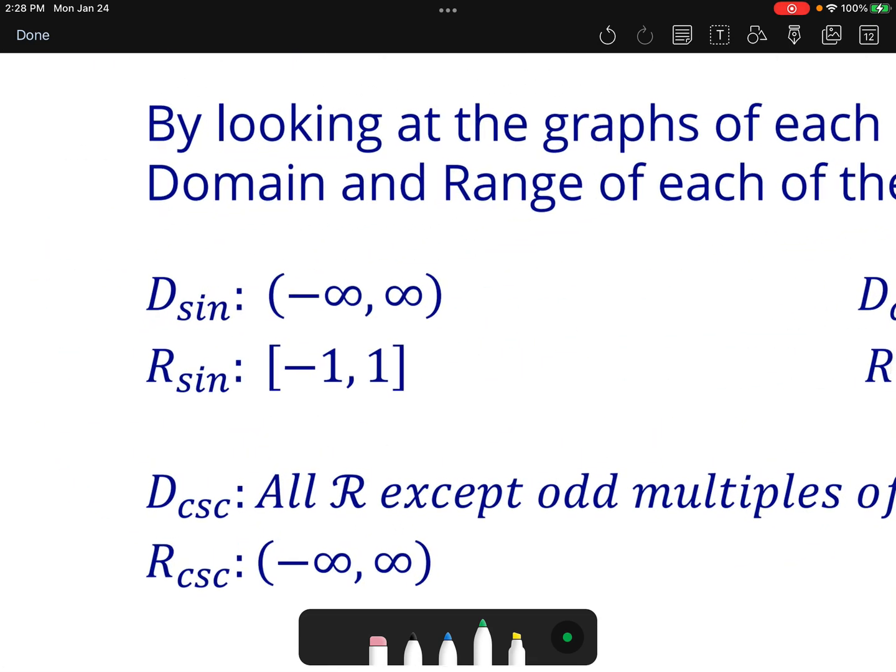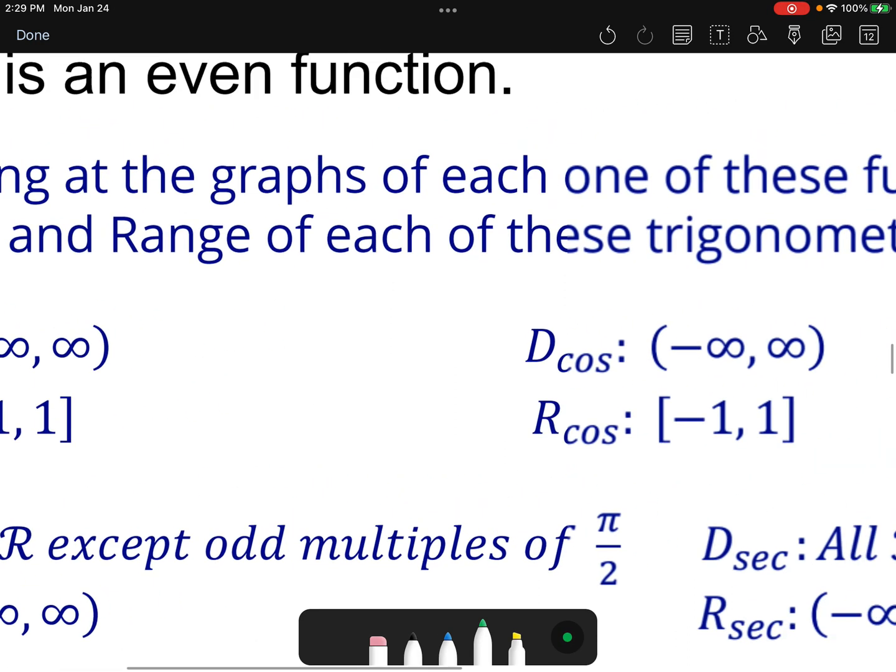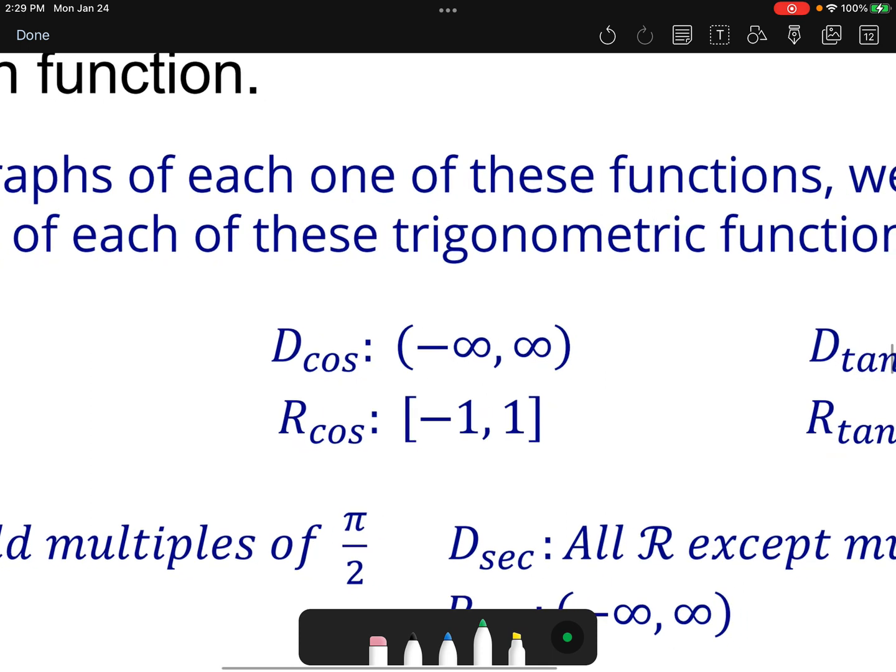You can see that the sine's domain is everything. No restrictions. And the range is negative 1 to 1. Now do cosine. And hit zoom 7. I'm used to hitting zoom 6, and I hit zoom 6. I should hit zoom 7 for trig. There we go. You can see also that the domain of cosine is negative infinity to infinity, and the range is negative 1 to 1.